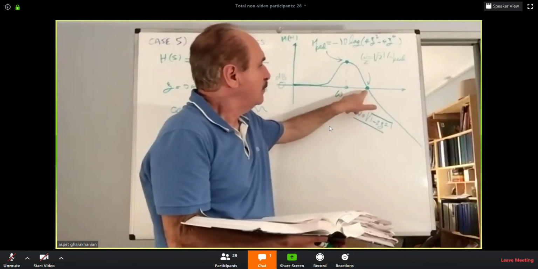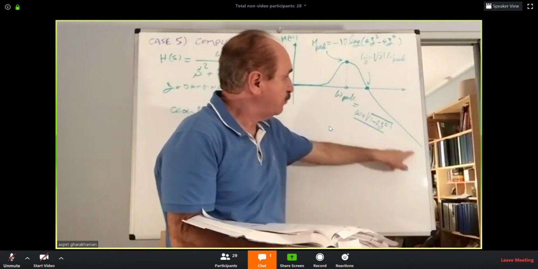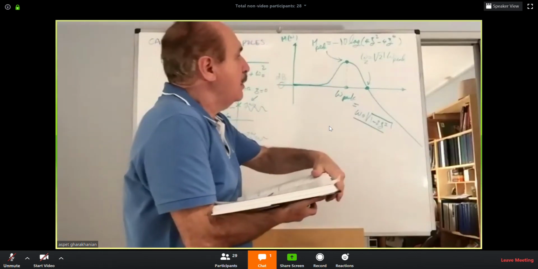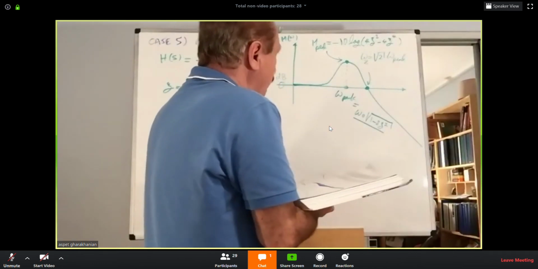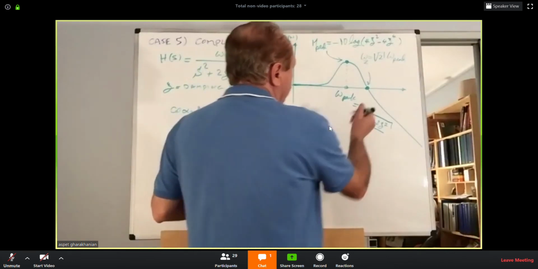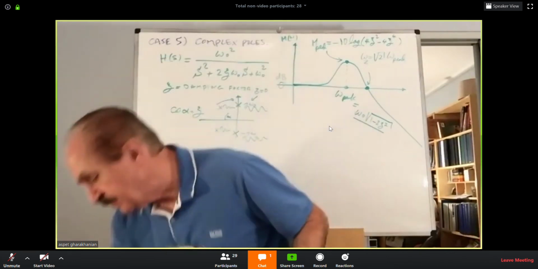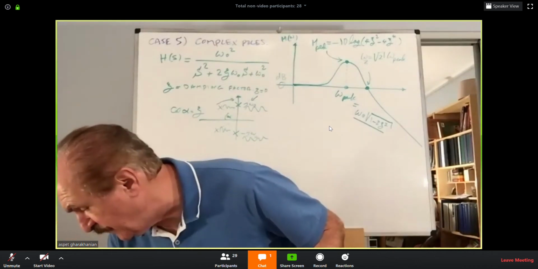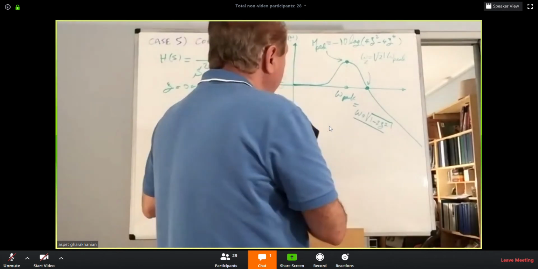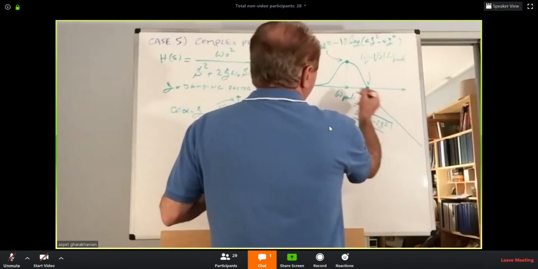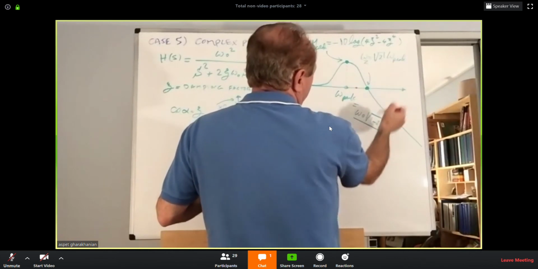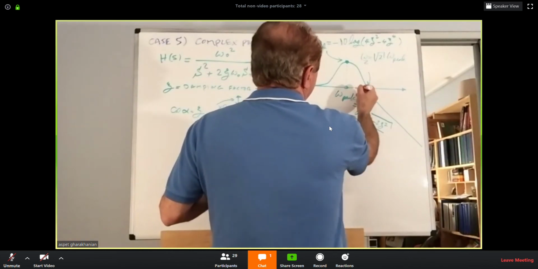And what happens after this point, way past the resonant frequency? Way past that point, we're going to have an asymptotic curve which will be from omega O. Omega O is here.